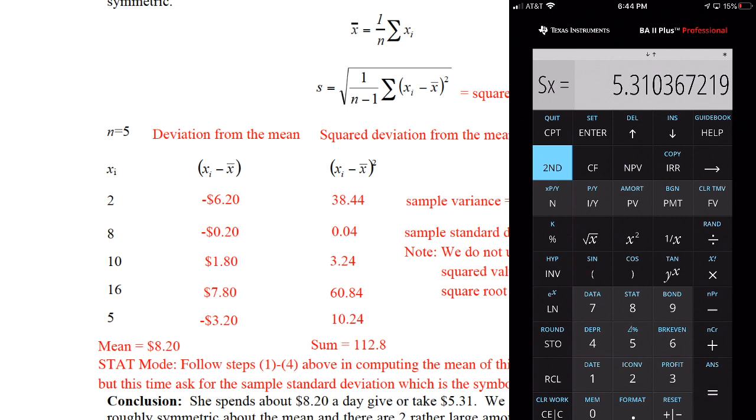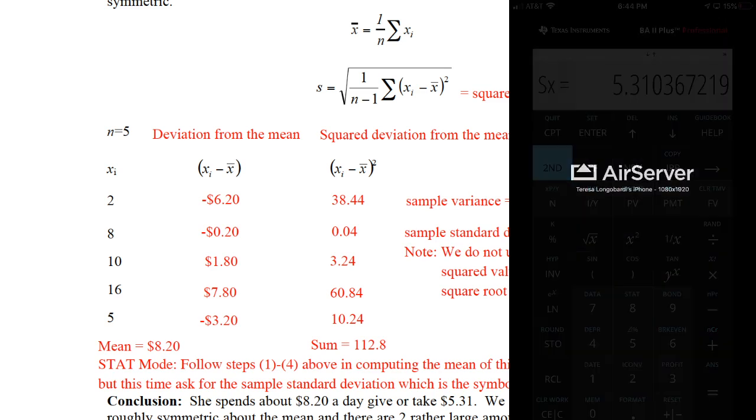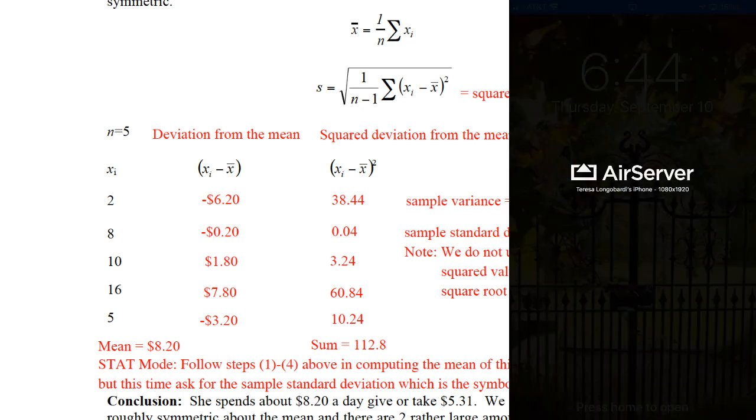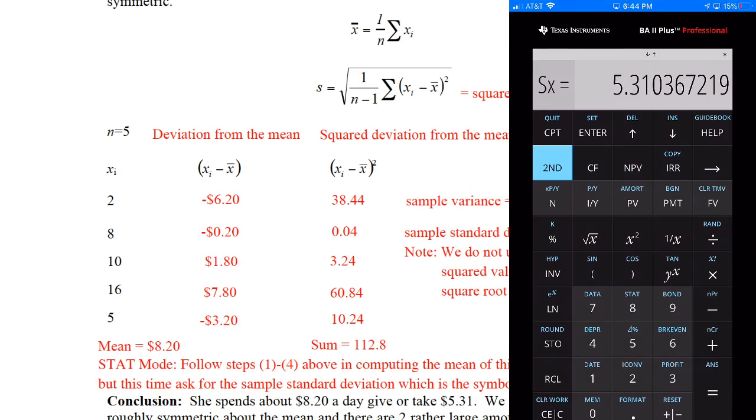Okay, so Sx, you guys are close, is the sample standard deviation. Sx is the sample standard deviation. So what is the other thing? The other thing, this one is called sigma x.